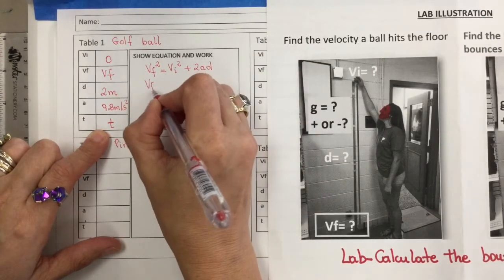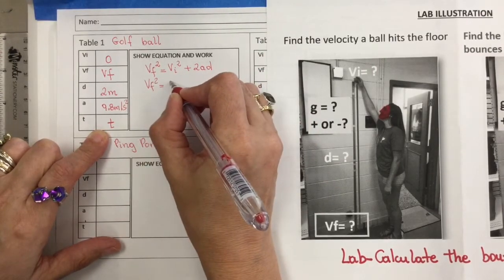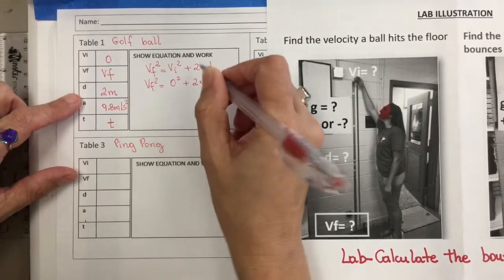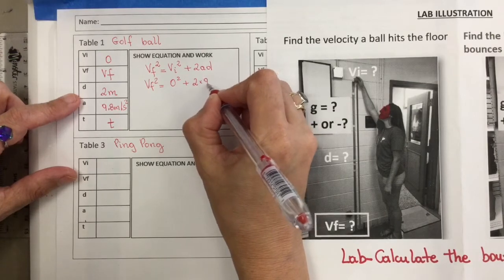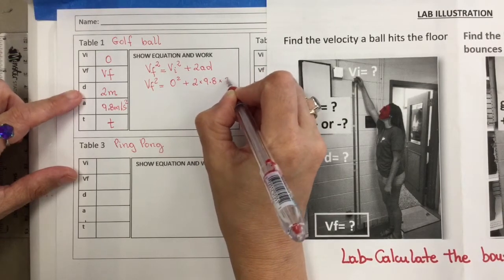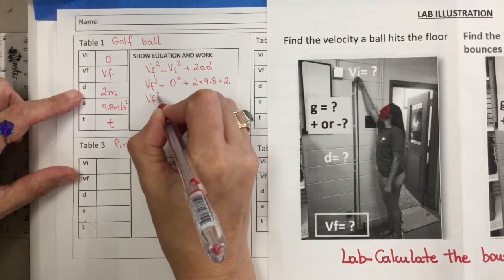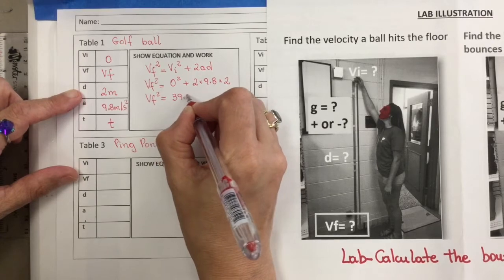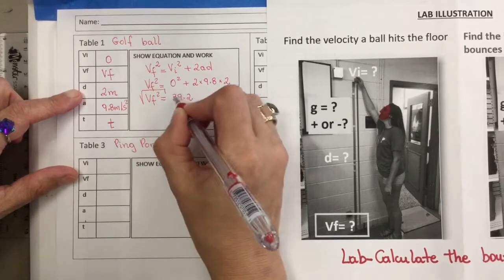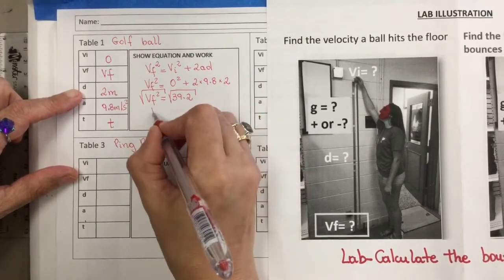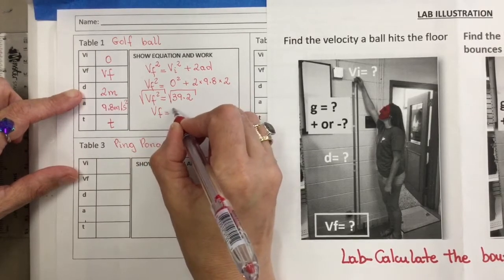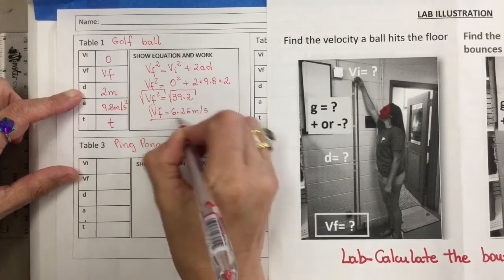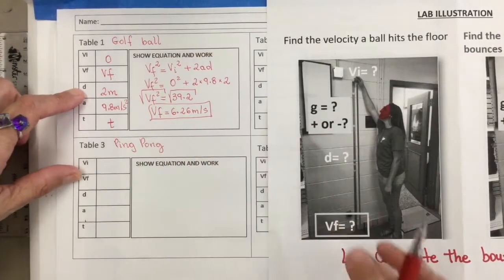So our final velocity squared is 0 plus 2 times 9.8 times 2. Multiplying all these values, the final velocity squared is 39.2. Now we take the square root of both sides, and our final velocity is 6.26 meters per second. That's the velocity the golf ball hits the ground.